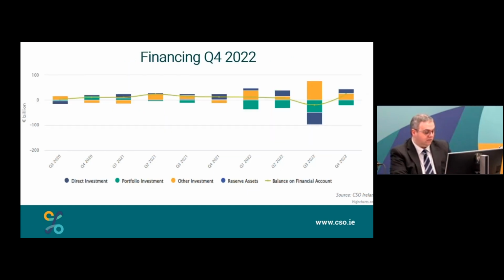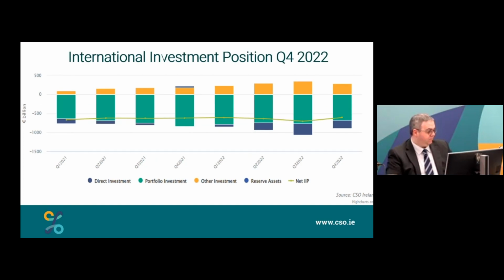Looking at our financial accounts, we can see relatively large net transactions in the different functional categories this quarter, with net direct investment increasing by 18.5 billion, net portfolio investment decreasing by 20.7 billion, and net other investment increasing by 26 billion.